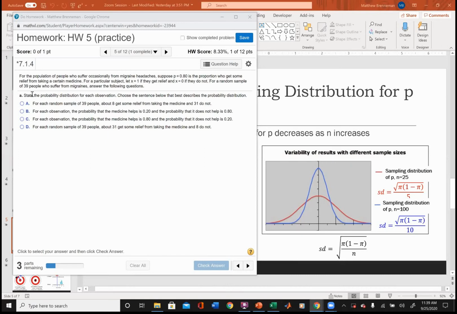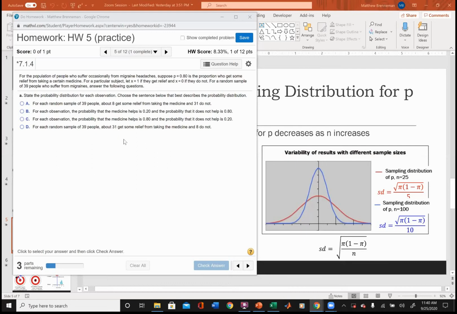And we're taking a random sample of 39 people. Now, it's important to understand that this is the way they're coding the data. X equal to 1 means it's our category of interest, right? We're interested in the part of the population that gets relief. Sometimes they call this an indicator variable, meaning it's indicating that the person's in our category of interest, okay?